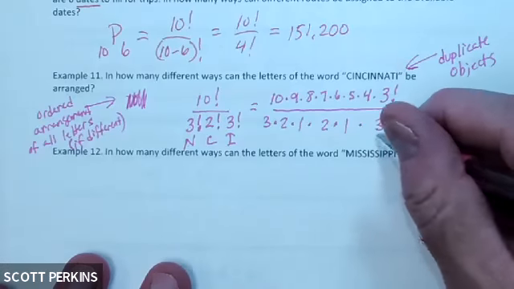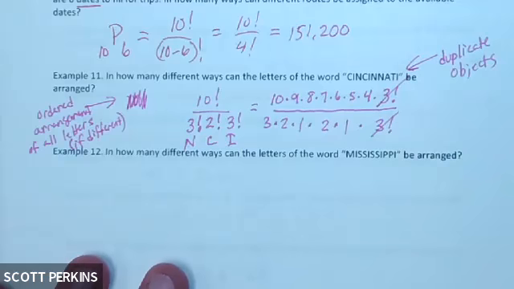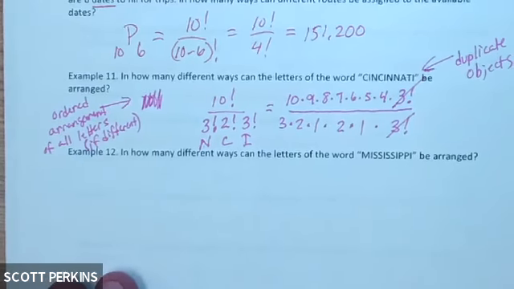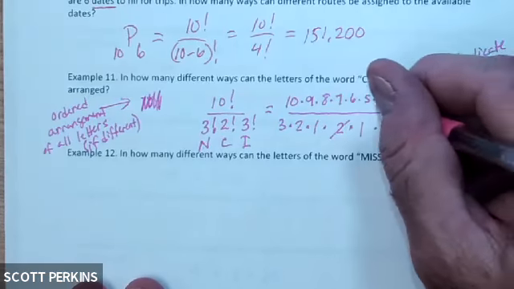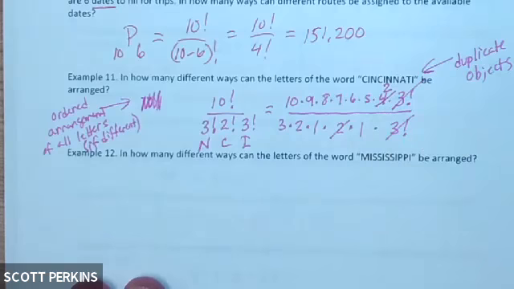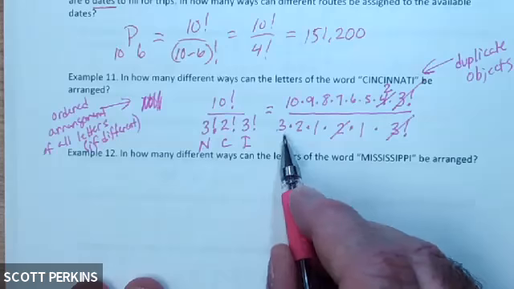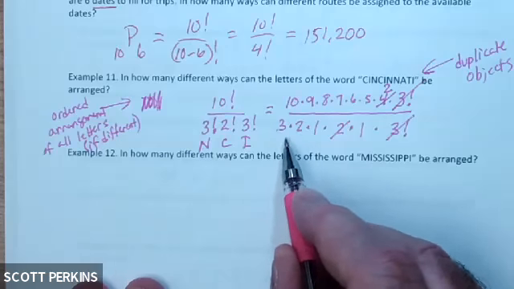So here, the 3 factorial cancels with the 3 factorial. I'm going to cancel this 2. 2 goes into 4 and leaves 2. 3 times 2 here is 6. I'm going to cancel this 3 times 2 with the 6 that's in the top.